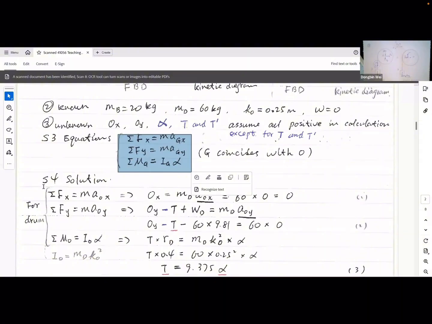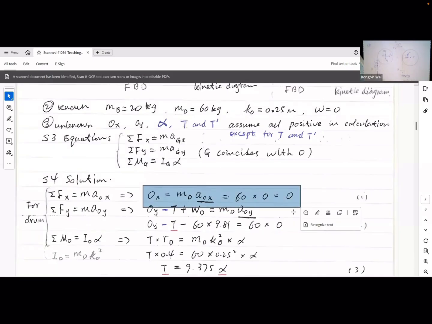Okay, for the drum along x direction, you will see you only have O_x in the free body diagram and a_Ox because x is a fixed point. So at this point, acceleration must be 0. Okay, so O_x should be 0. So this should be easy.